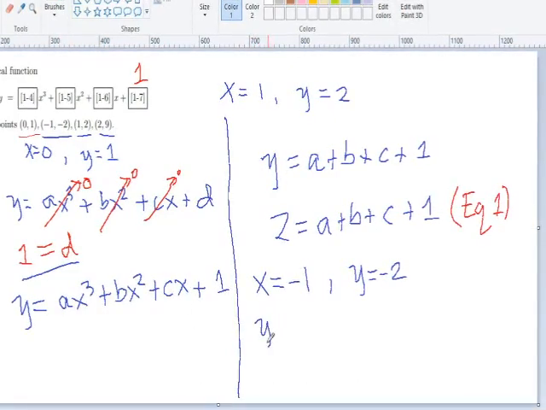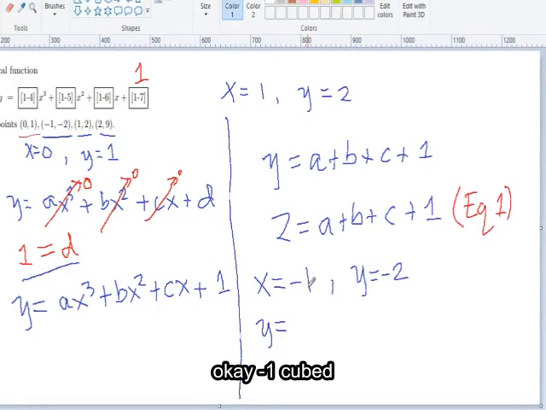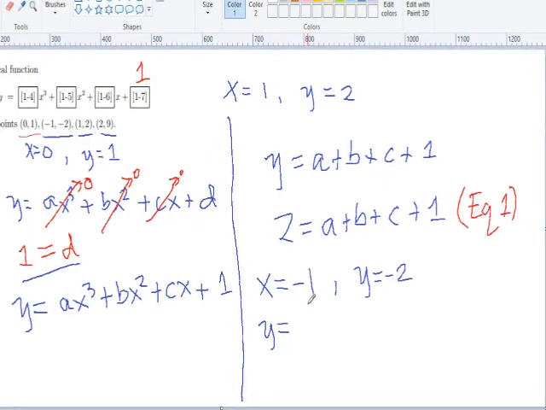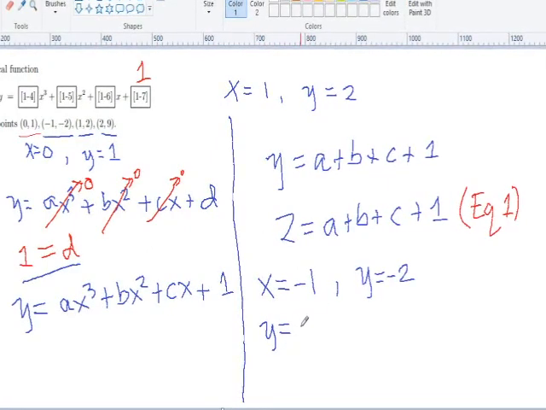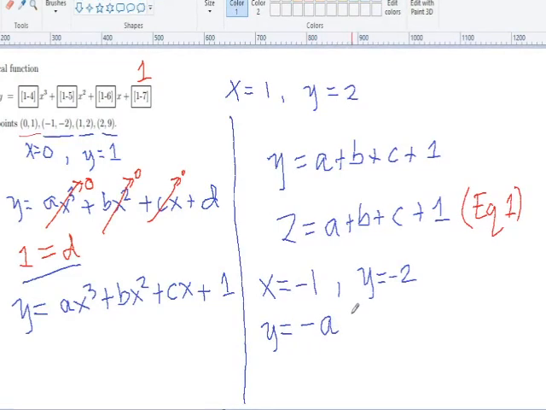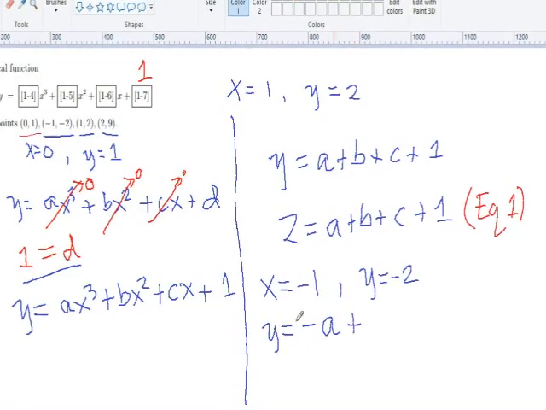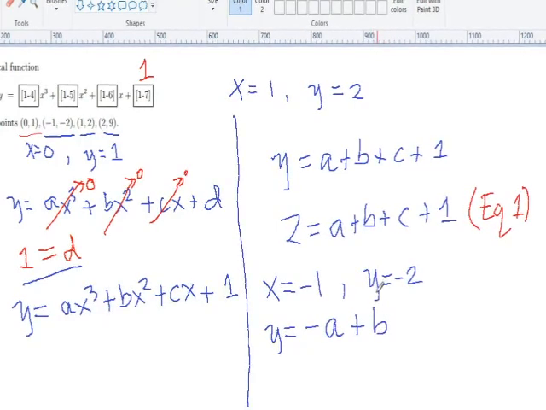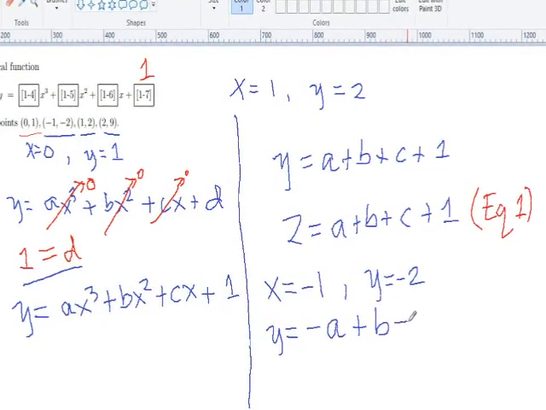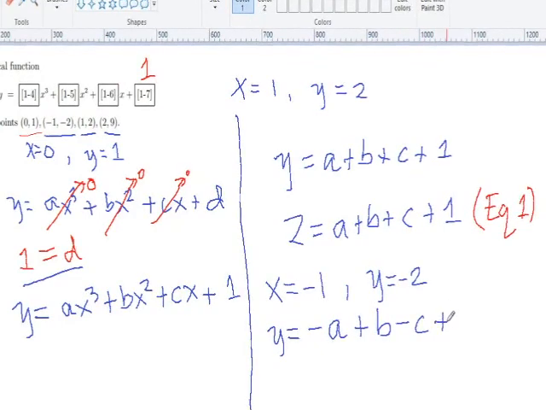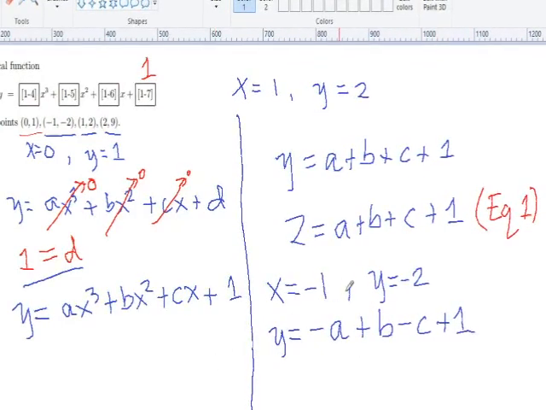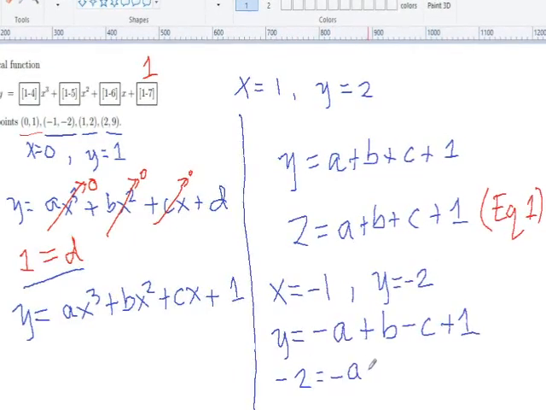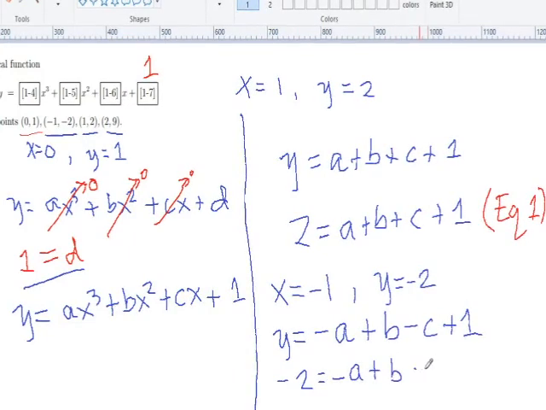Negative 1 cubed: negative 1 times negative 1 times negative 1 is negative 1, so negative a, plus negative 1 squared is 1, so b, plus negative 1 times c is negative c, plus 1. Of course, the value of y is negative 2. Negative a plus b minus c plus 1 equals negative 2.